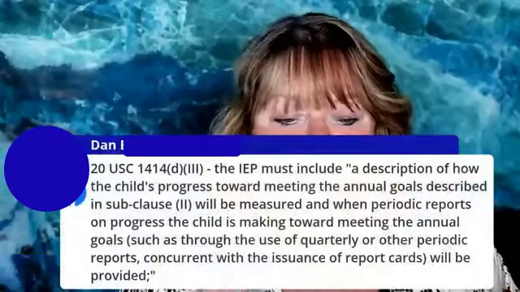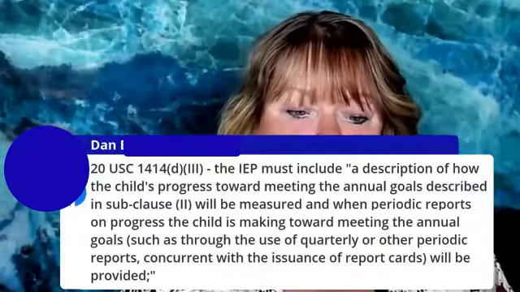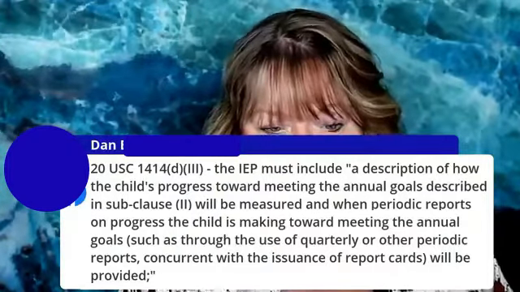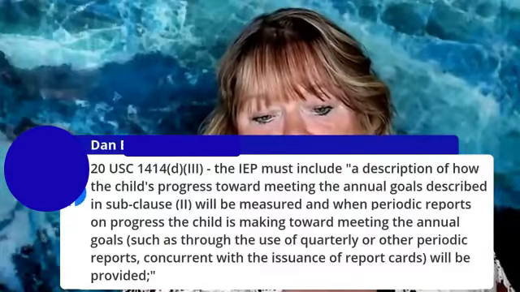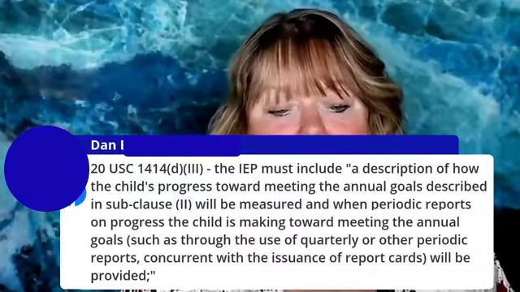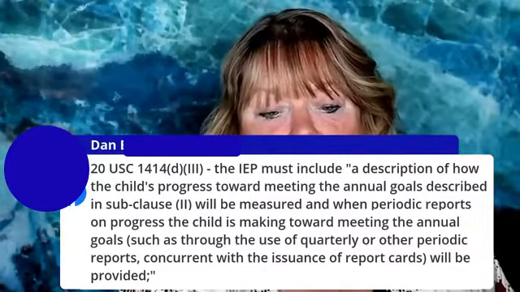However, if you look at the statute, and it's also in the regulation, this is just an example, such as through the use of quarterly or other periodic reports. This is an example concurrent with the issuance of report cards. And people have kind of glommed onto that, like, oh, we only do progress reports when report cards go out. But progress reports can be individualized just like everything else in the IEP.